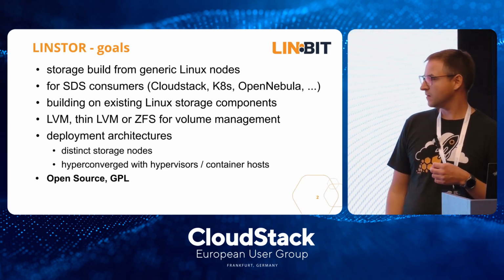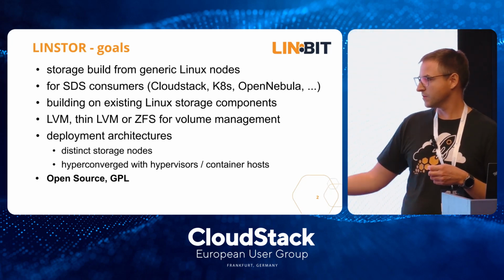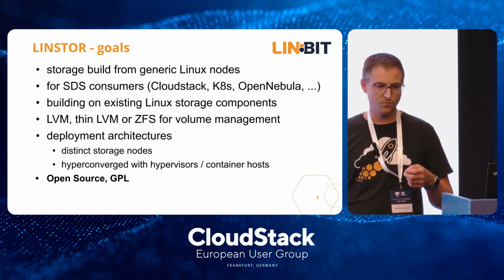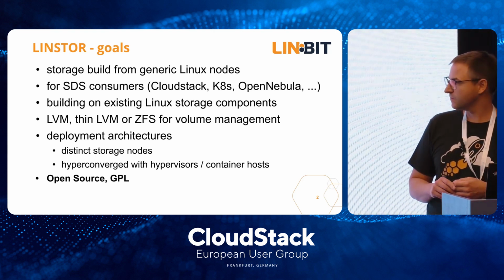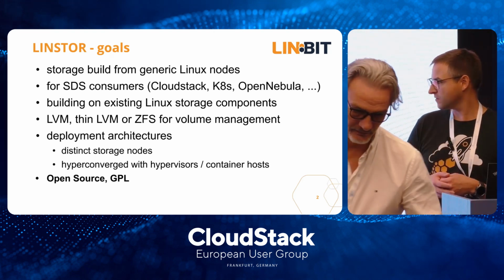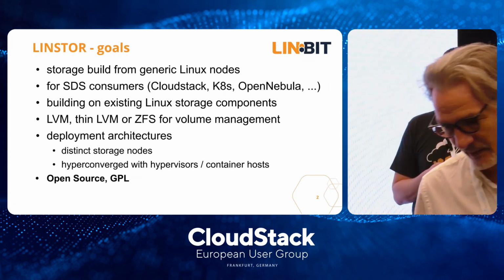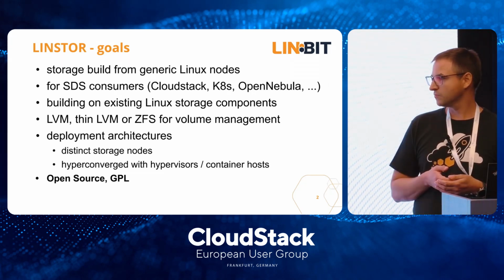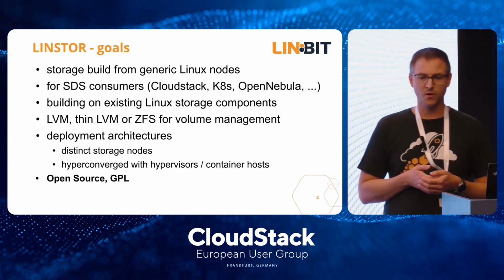But we also have the possibility of hyperconverged storage, where the hypervisor, KVM in this case, and the storage are on the same node. This provides a bit more performance because reads can be done locally, and only the writes have to go to at least a second node to provide the replication.